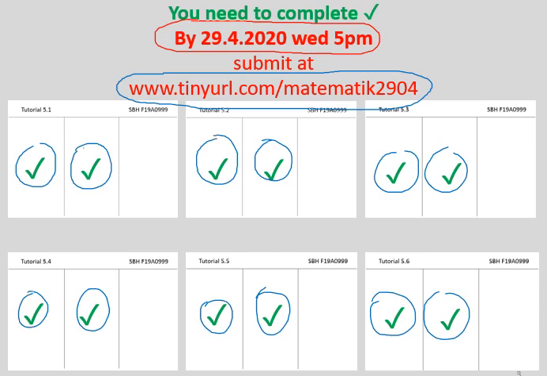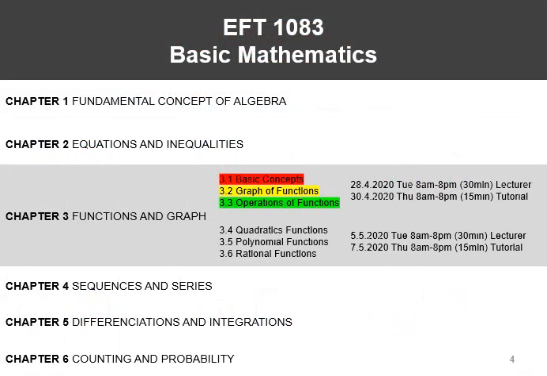Okay, so many weeks ago you have gone through chapter 1 and then chapter 2. For these 2 weeks, today and next Tuesday, we're going to go through chapter 3.